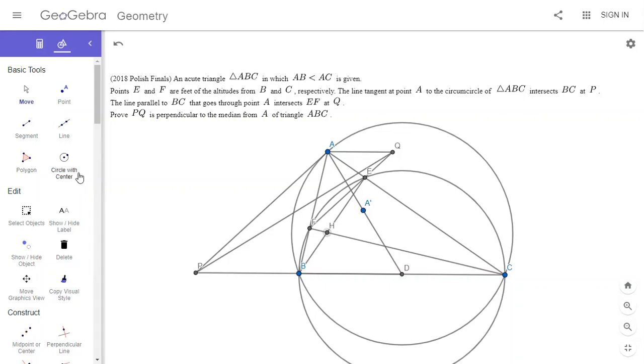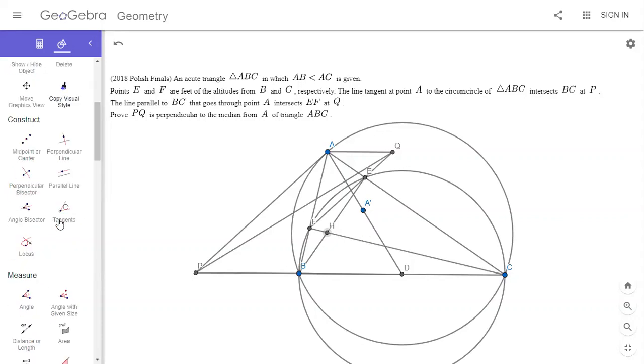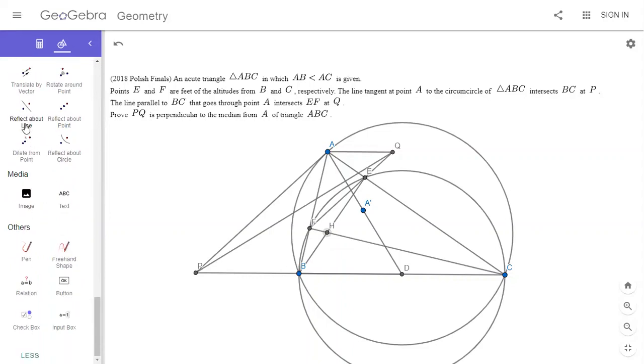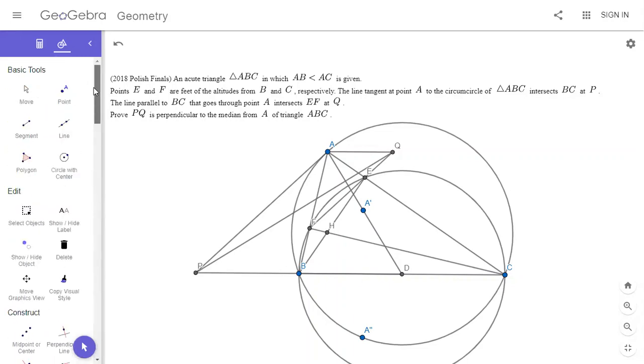So, yeah, I'm wondering, if it were true that A prime were the Humpty point, then its reflection would lie on the circumcircle, right? So basically that would mean GI is parallel to A double prime.